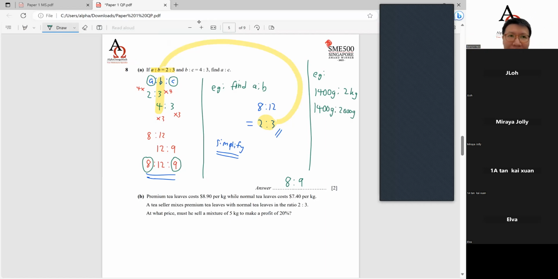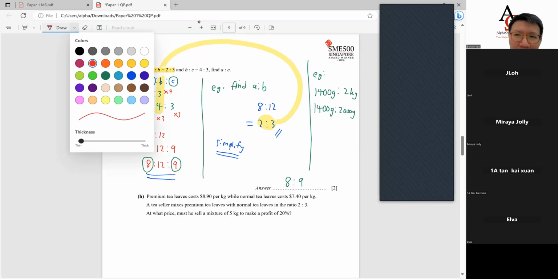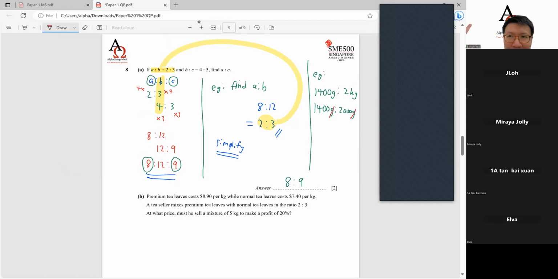The moment you do that, please go and cancel away or remove your units. The final answer cannot contain any units. You can cancel your zeros also. And you should get your final answer. So remember, your answer should have no units for ratios.